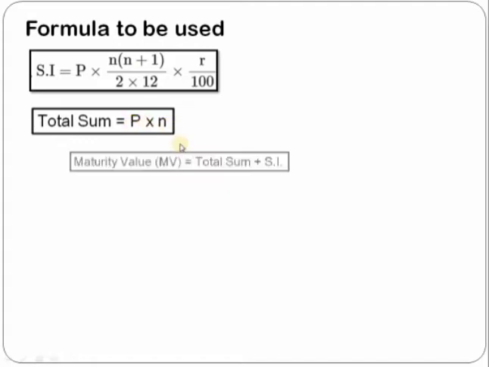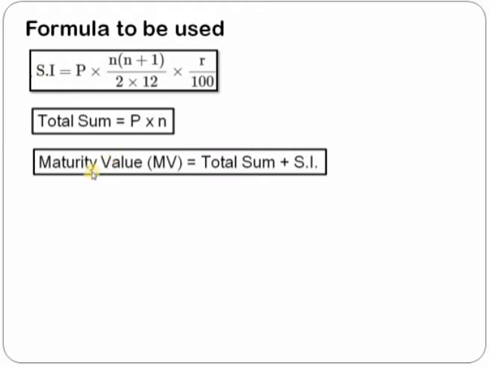And the very important one is maturity value. What do you mean by maturity value? Maturity value is the amount which you get after the tenure has ended. For example, you are depositing 1000 rupees only for 15 months. After 15 months, however much money you have deposited, that amount along with the interest is known as your maturity value.